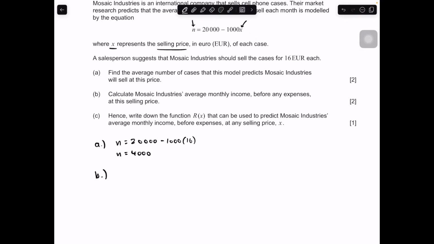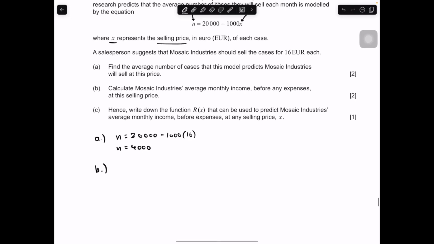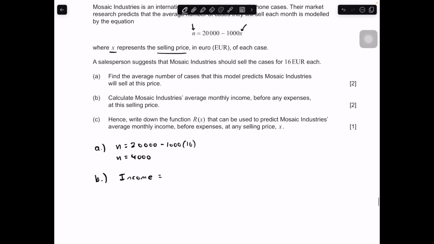Calculate Mosaic Industries' average monthly income before any expenses at this selling price. Okay, so income is the total amount that the company would earn before expenses. Often we call this gross revenue. The total amount this company will have flowing in as gross revenue will be made up of the number of cases they sell multiplied by the price per case.